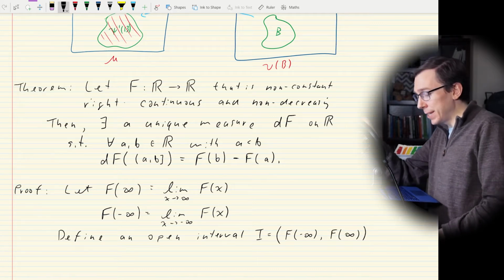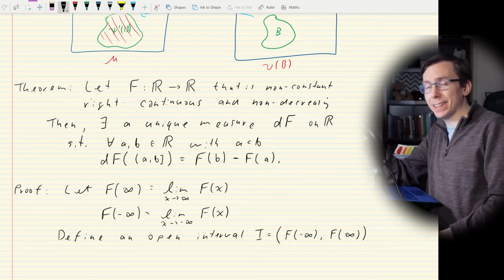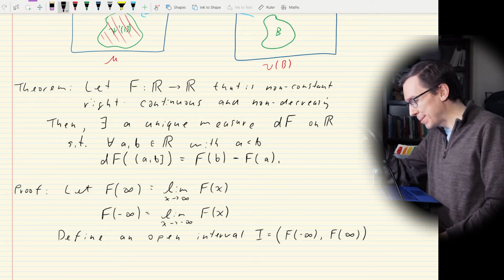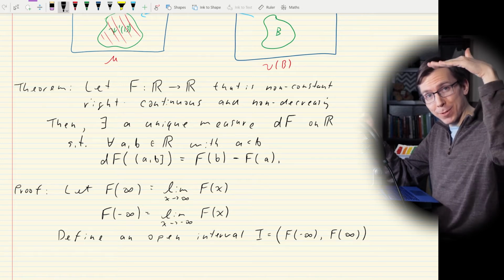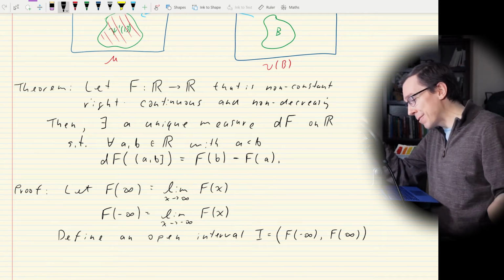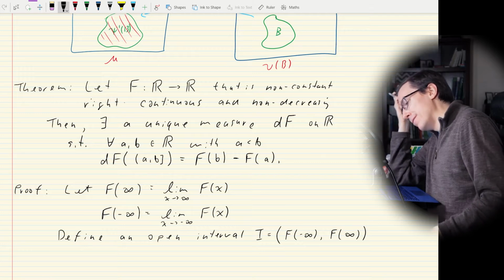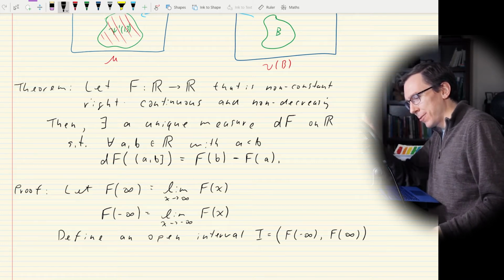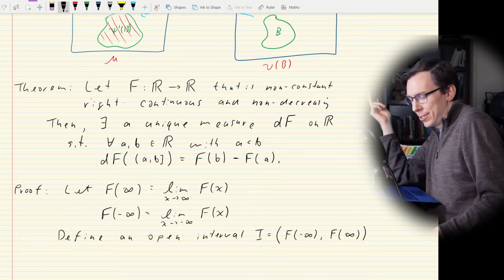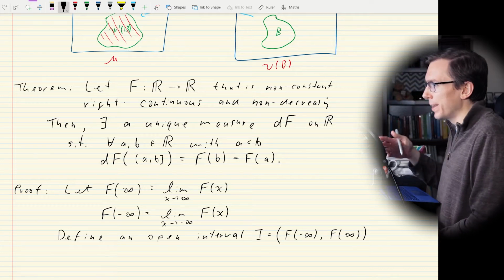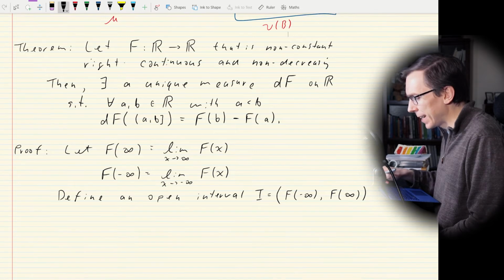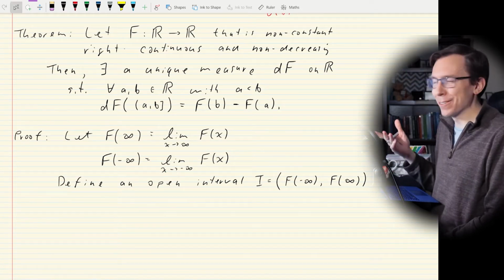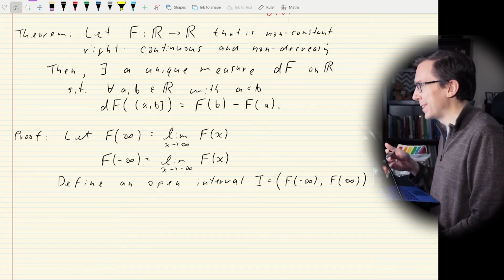If this is a cumulative distribution function, then you get the interval 0, 1, right? Because a cumulative distribution function starts at 0, goes up to 1. In this case, it doesn't have to be a CDF. It could be any function, again, non-constant, right continuous, non-decreasing. So it doesn't have to be 0, 1. That would just be an example that's good to keep in mind because it's something that presumably you might be familiar with, and it's always nice to have some familiarity.